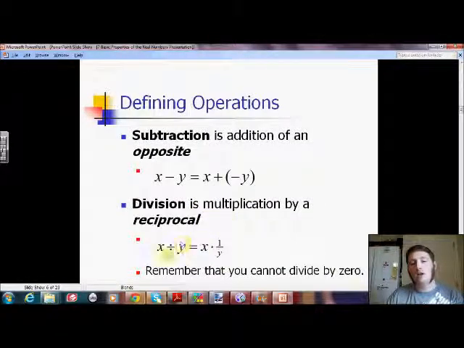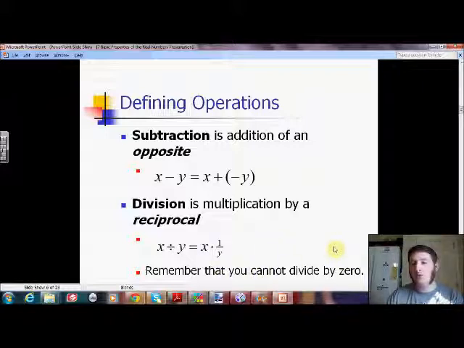Similarly, division is really a multiplication by a reciprocal or a fraction. You're kind of taught division as a way to cheat on things like multiplying by a half or a third or a fourth. You're taught to do division, but it's actually multiplication by this sort of unit fraction, 1 over number. And please keep in mind you cannot divide by 0.